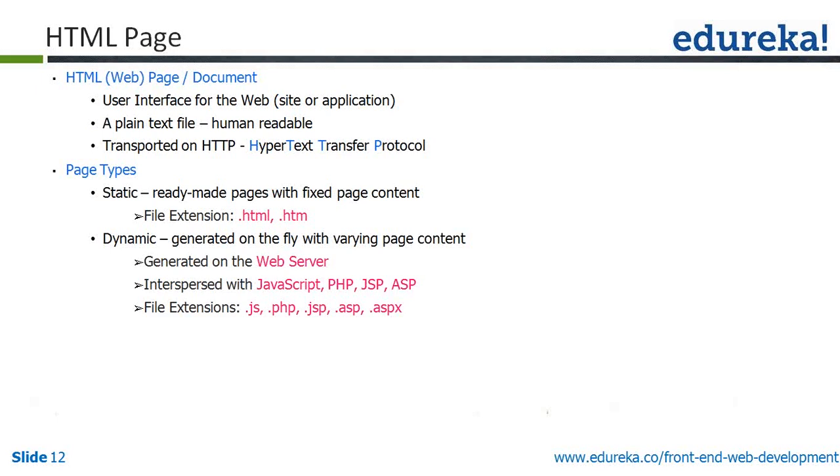Note that whatever backend scripting language you use, the goal of these scripts is to generate output which is HTML, CSS, and JavaScript, because these are the only 3 things which are understood or rendered by the web browser.